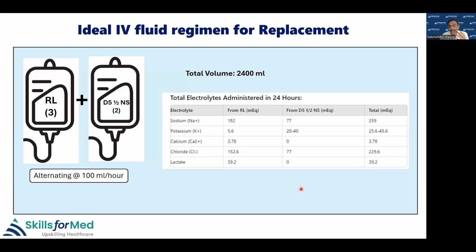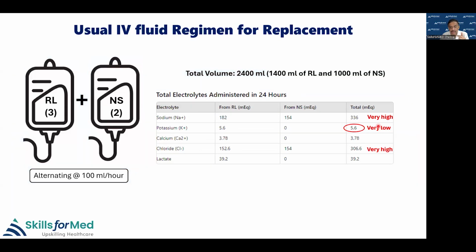This again is pretty good for most adults. Though the sodium and chloride are more than the requirement, 1 per kilogram will be around 140, and even if you take it at 2, it's 140. It's slightly more, but most adults will be able to handle it.